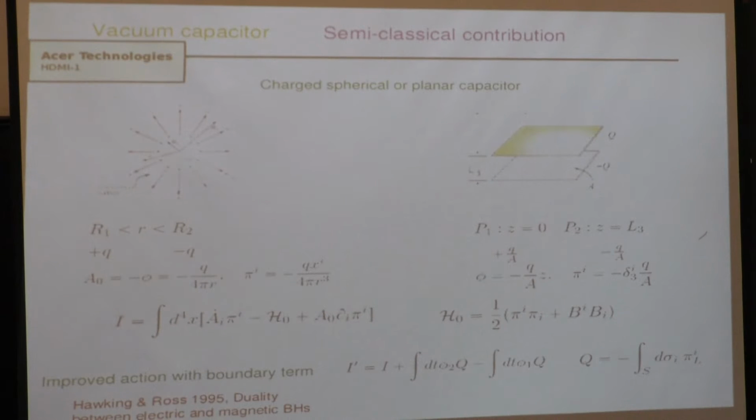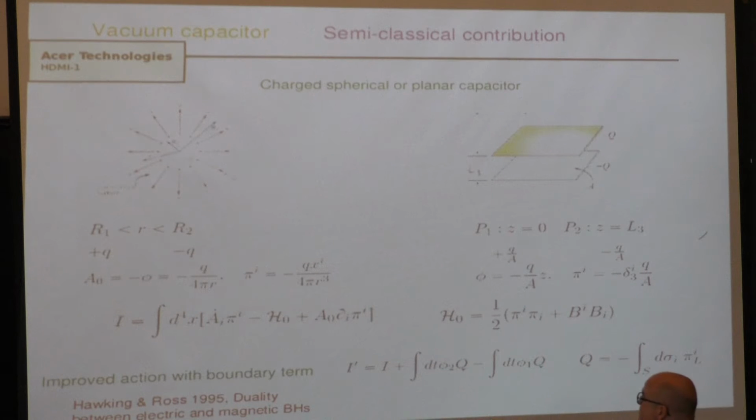Okay, and the model I'm going to consider is the Coulomb solution. So it's a very simple freshman problem. You take two perfectly conducting spherical shells, which have charge plus q and charge minus q, and you take the region finite. And then you know, of course, that in between the shells you have the longitudinal electric field, which goes like 1 over r.